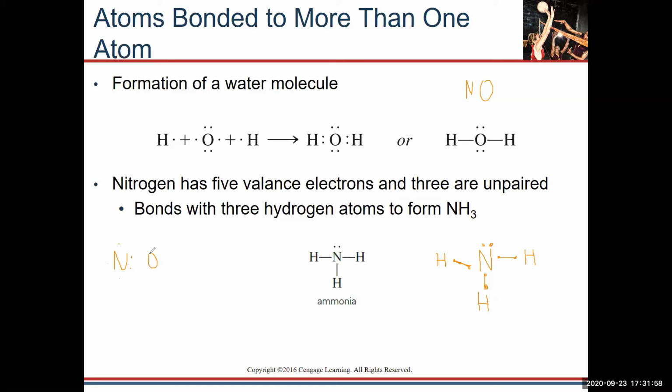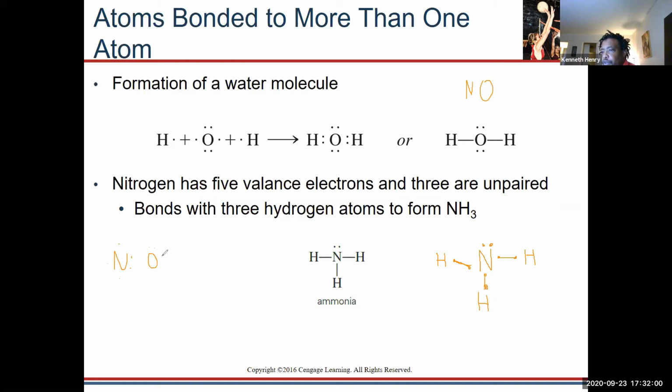If we add all of the valence electrons, there's a total of 11 valence electrons. Oxygen has 6, nitrogen has 5, so that's 11.